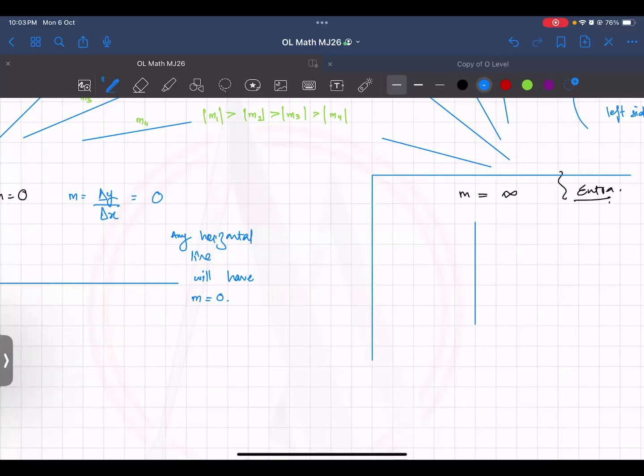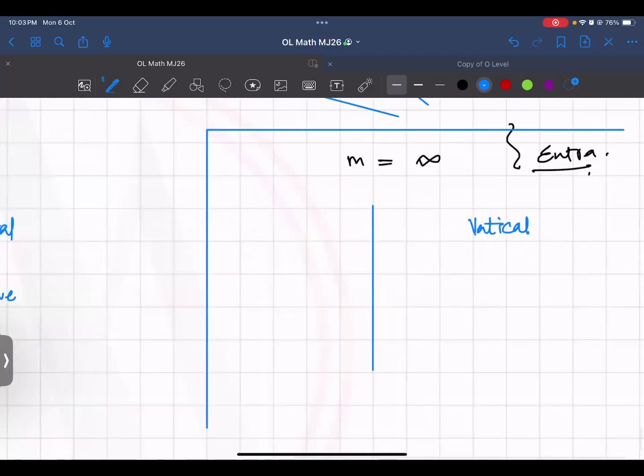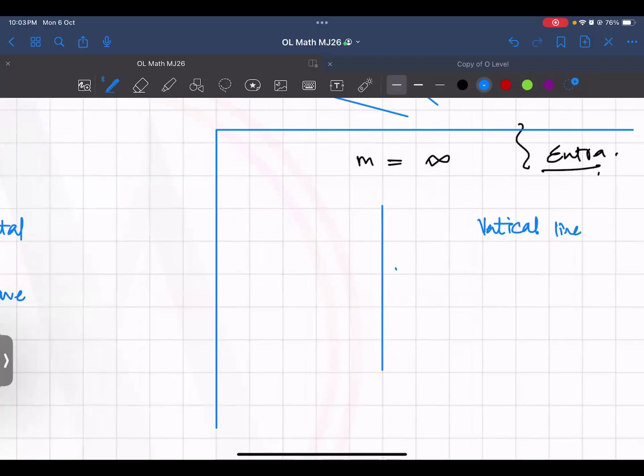So this is gradient is infinity. This is a straight vertical line. Look at the steepness, it has infinite steepness. Infinity is a very, very large number, a never ending number.